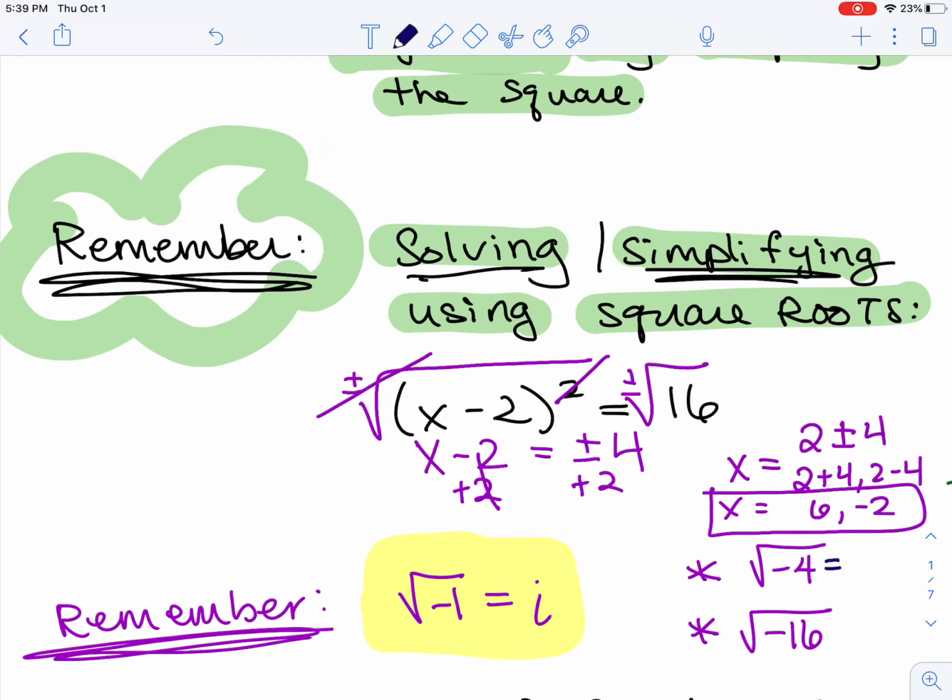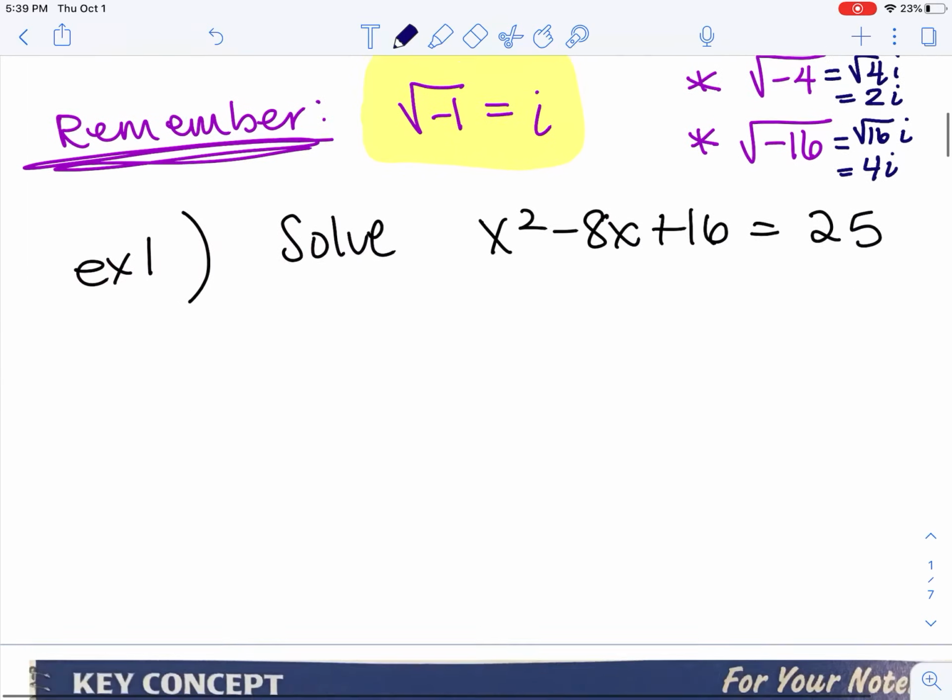I'm going to split this up: this is the root of 4 times i, which is just 2i, because whenever we have the root of a negative, that turns into an i. Same thing here: the root of negative 16 can be written as the root of 16 times i, which is really 4i. So hopefully that sounds familiar. Just wanted to wake up that part of your brain. We're going to be using some of this today.